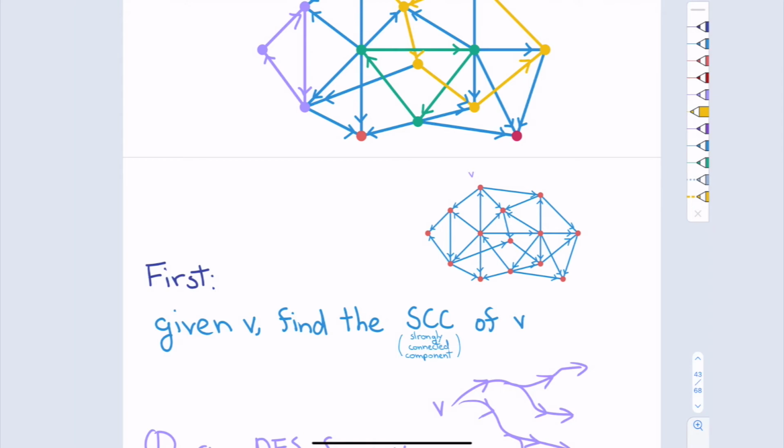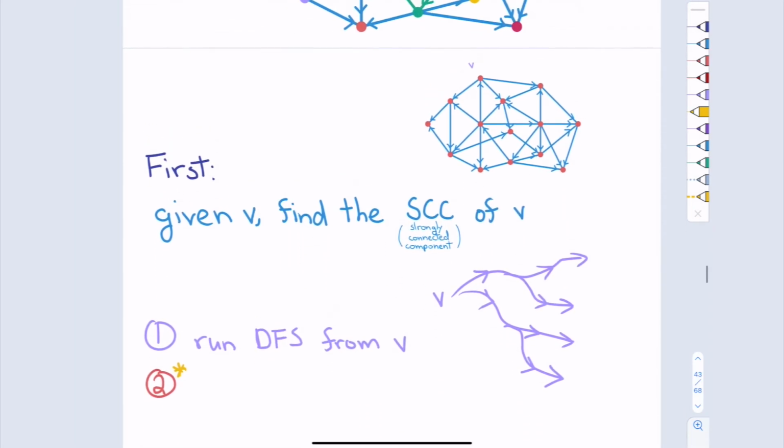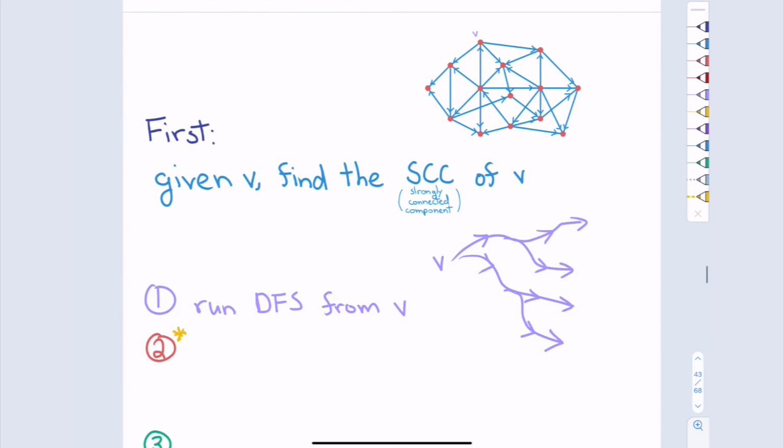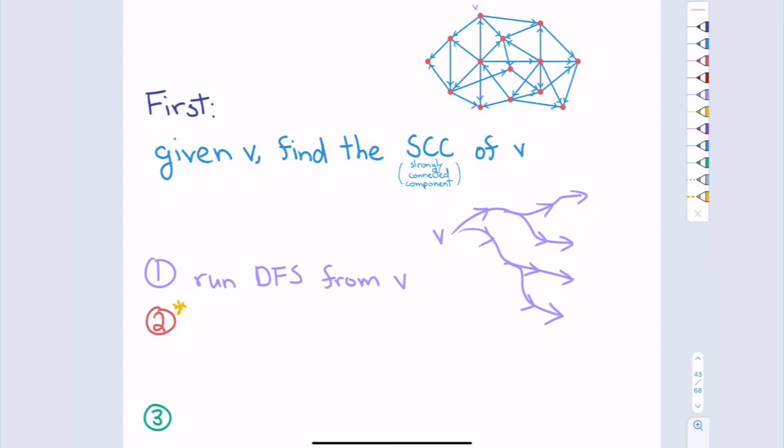Suppose I have a vertex V in the top left, and I want to find the strongly connected component of V. I want to find all the vertices that V can reach and can also reach V. An obvious first step is to run DFS from V and figure out at least who V can reach. So that's step one. Now my question to you is, what would be step two?